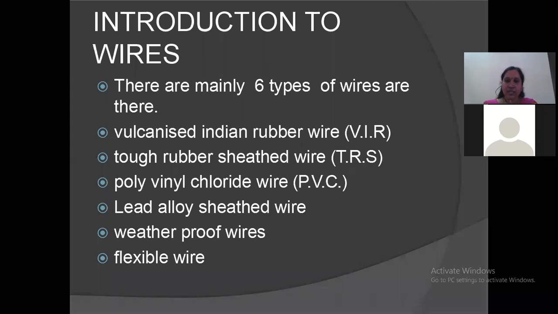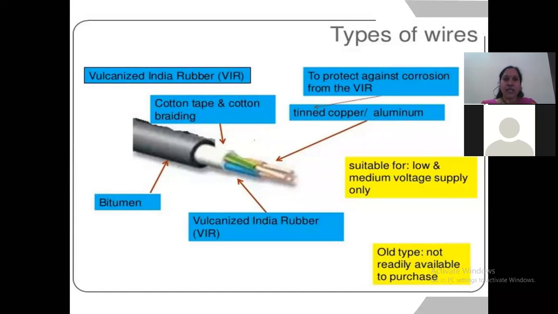Let us discuss the VIR first, the vulcanized Indian rubber wire. It looks like this. Inside, first we have the conductors, which are tinned copper or aluminum conductors. On that we have the vulcanized Indian rubber.